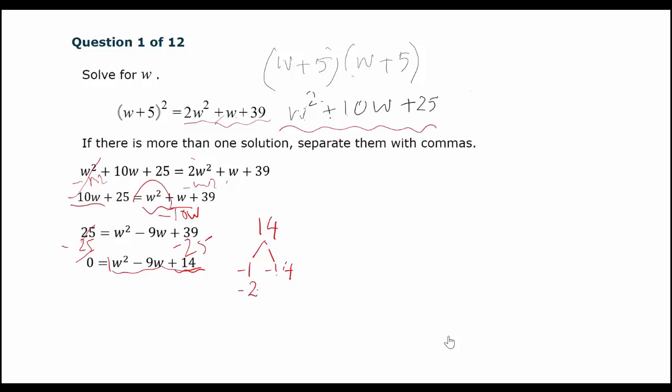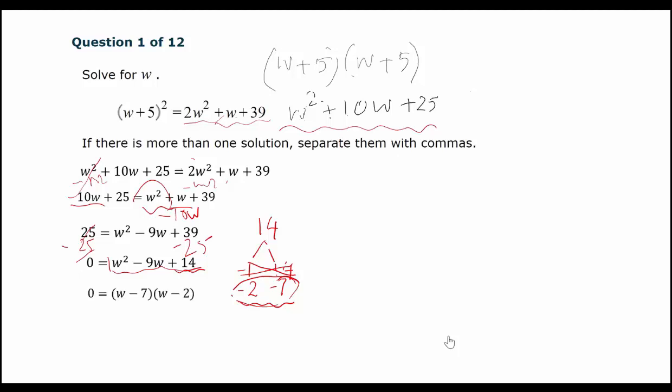Then I have negative 2, negative 7. Then 3 doesn't work, 4 doesn't work, 5 doesn't work, 6 doesn't work. We already got 7, which means we did the whole list of factors. And we can see that negative 1, negative 14 gives us negative 15, but negative 2, negative 7 gives us negative 9. So this is the set of factors I'm using.